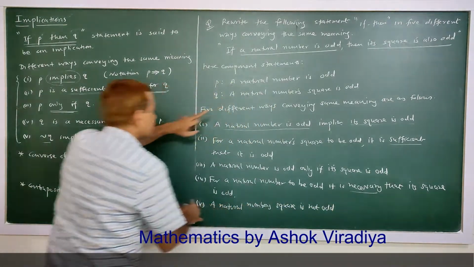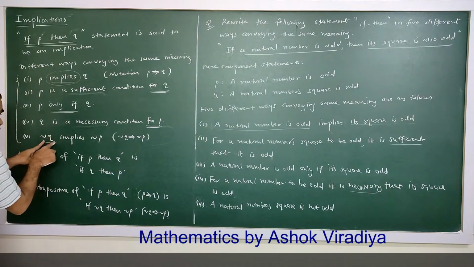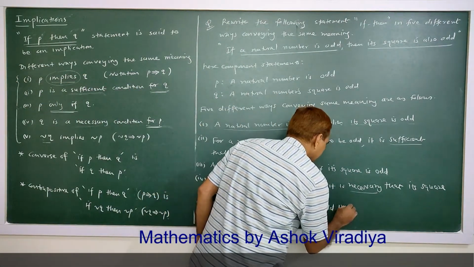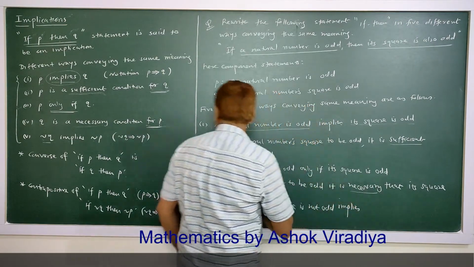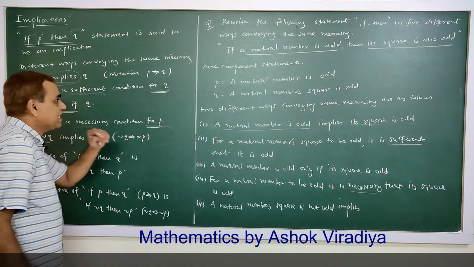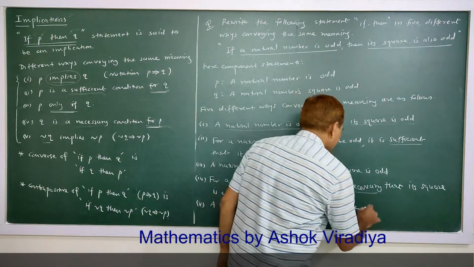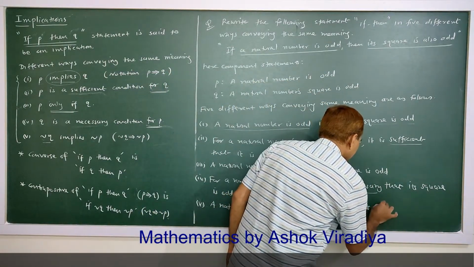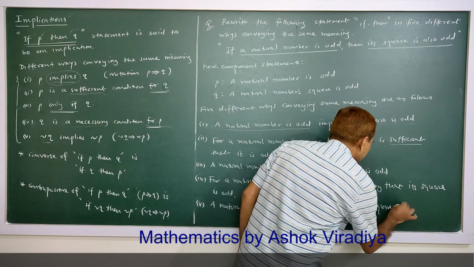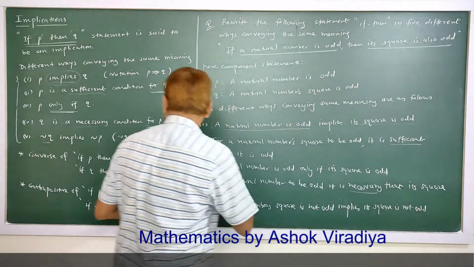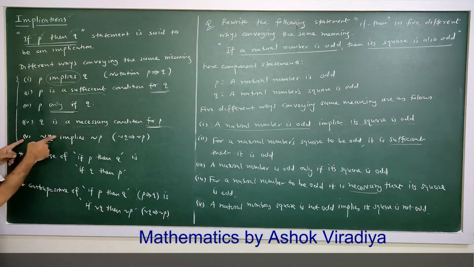So this is what? Not Q. Then put implies not P. Not P means its square is not odd. So this is the fifth method.